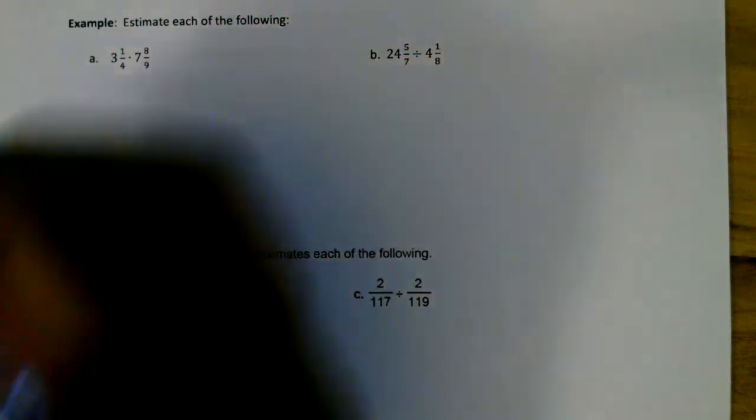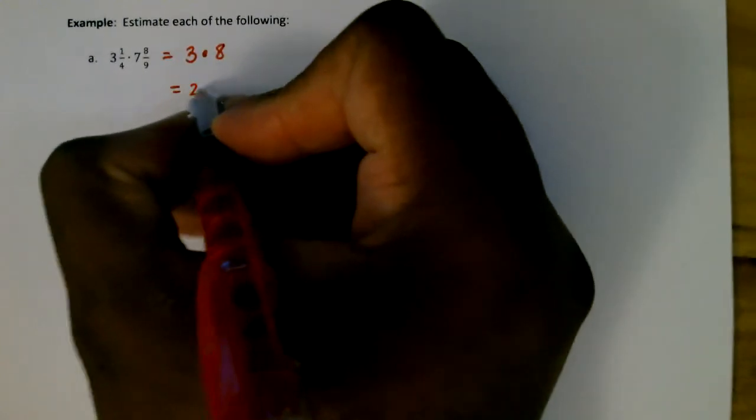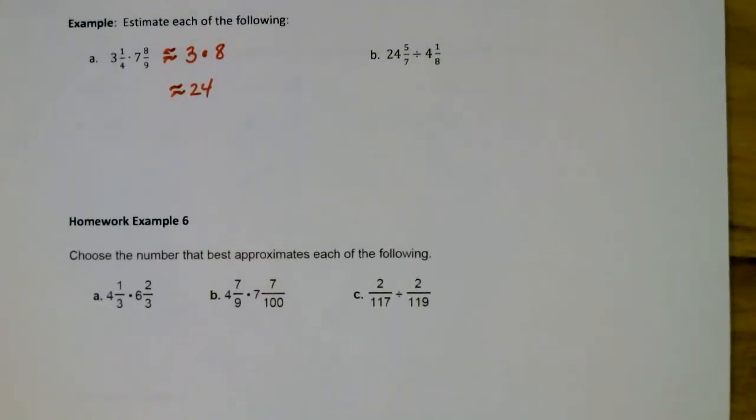Now, if I was to round to the nearest whole number, 3 1/4 would round to 3. 7 8/9 would round to 8. Then if I multiply 3 times 8, that would be 24. So the approximate product for 3 1/4 times 7 8/9 would be about 24.